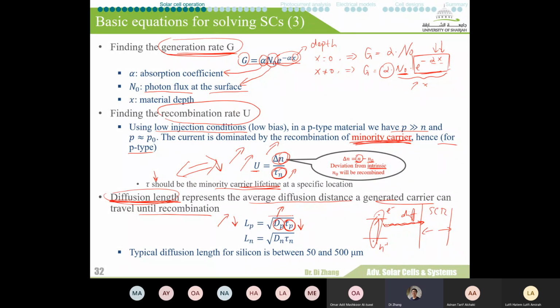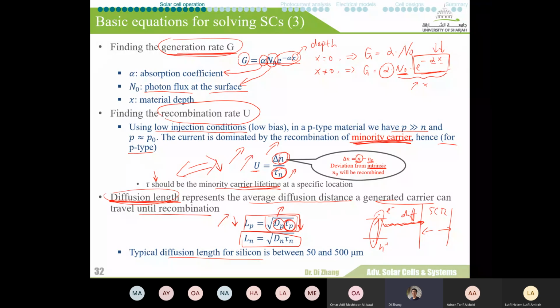And then don't forget that we have the square root here, to convert into an average diffusion distance. We may have a diffusion distance for hole, another diffusion distance for electron. Typically for intrinsic silicon, the diffusion length is between 50 to hundreds of micrometers.